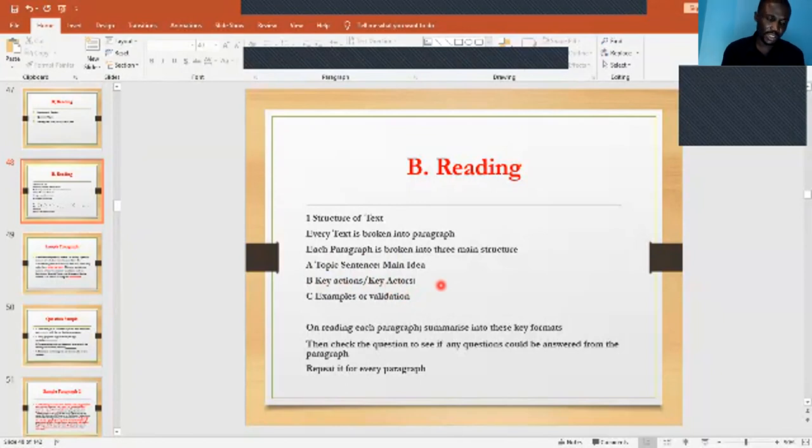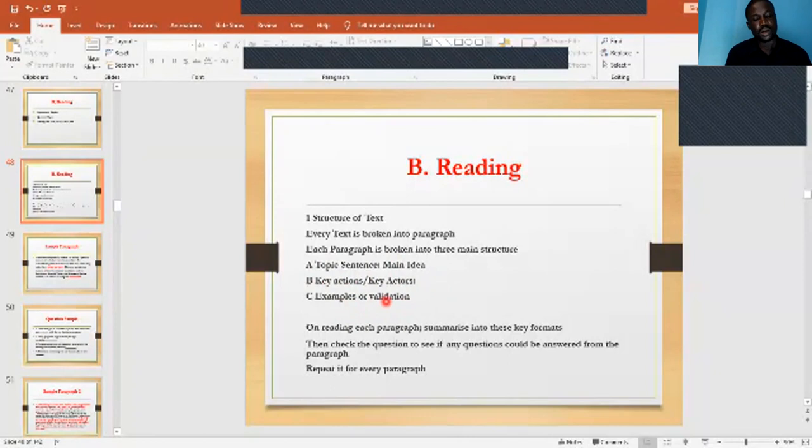Key actions or key actors are things that try to illustrate or describe the main idea or give a vivid explanation about the main idea.